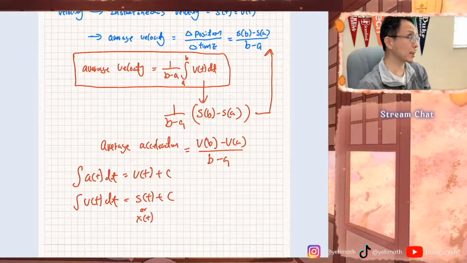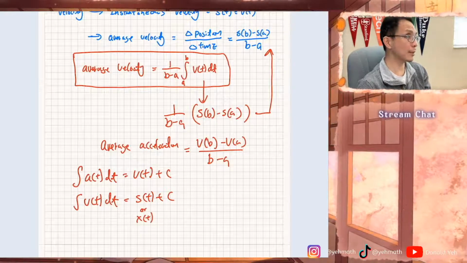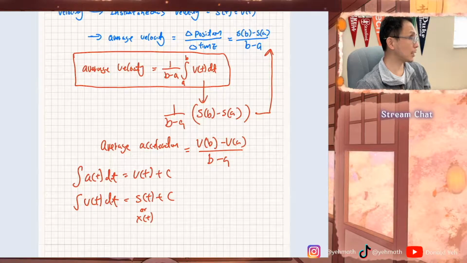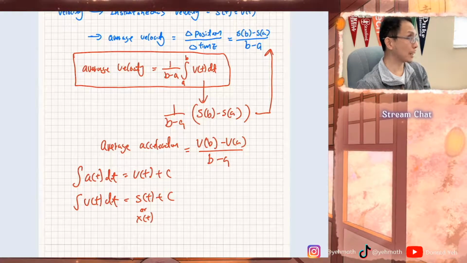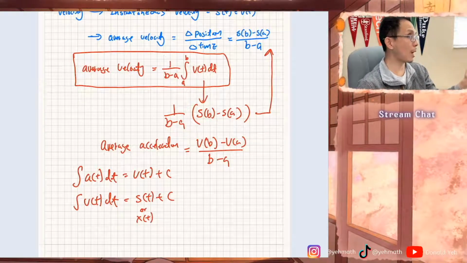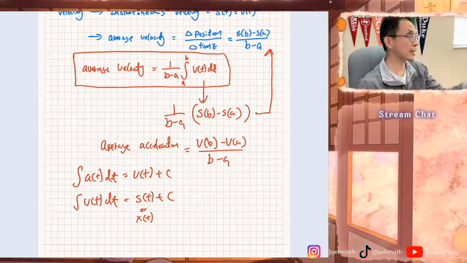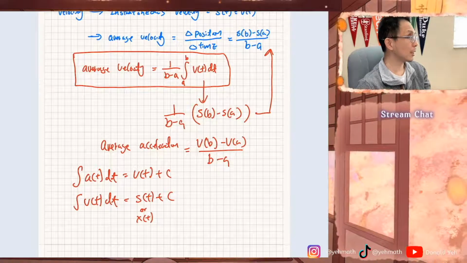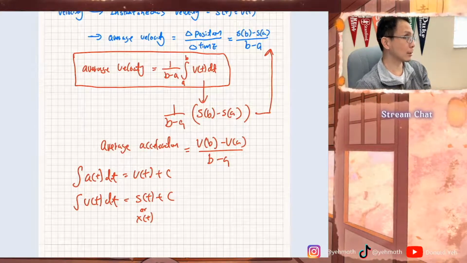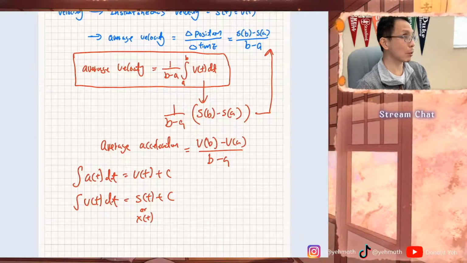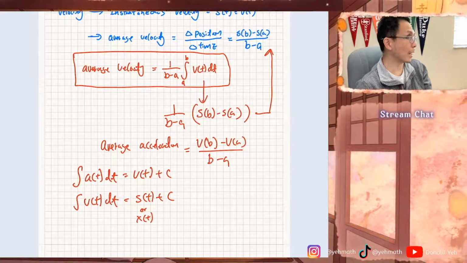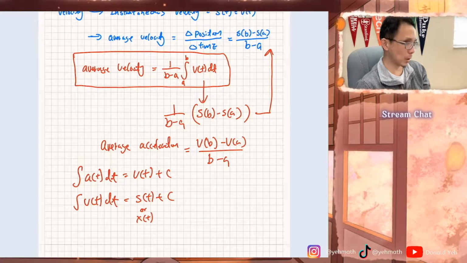Remember, they could be the same thing, because I use s. Sometimes AP is going to use x of t, because x of t represents a particle traveling in the x direction, which is the horizontal direction. If you run from the end of the hallway to here, then that is the changing of x. If you run vertically, or jump vertically, then that's going to be y of t. So it really depends on what it's saying.